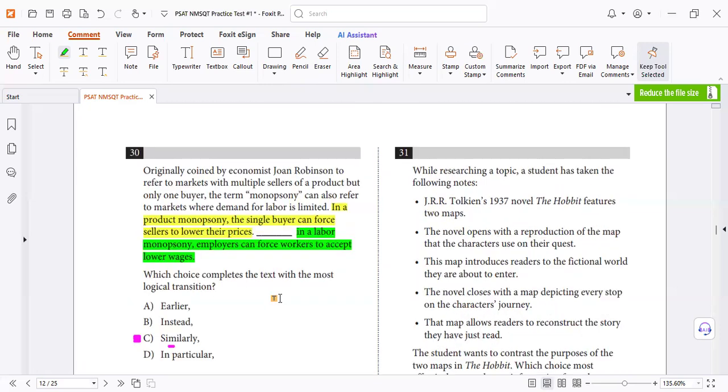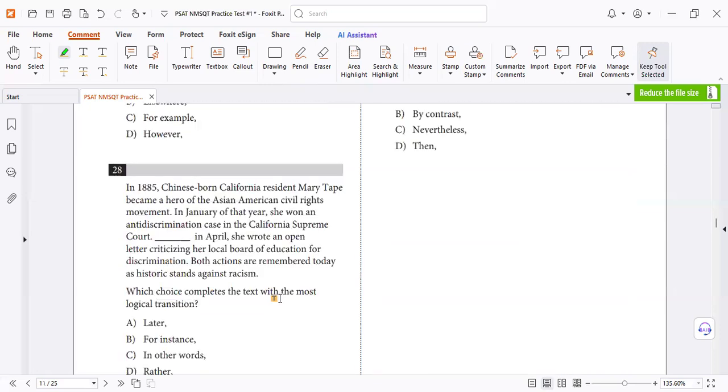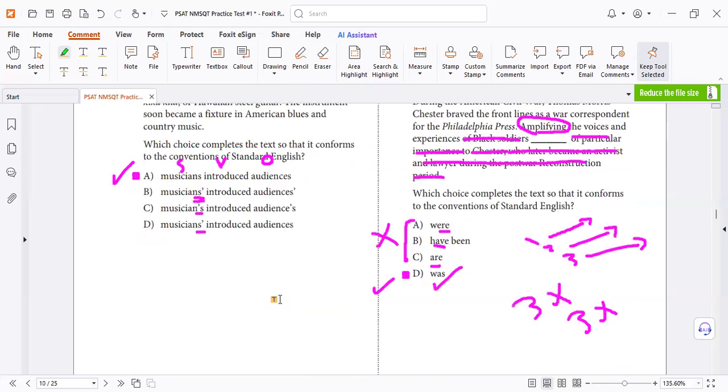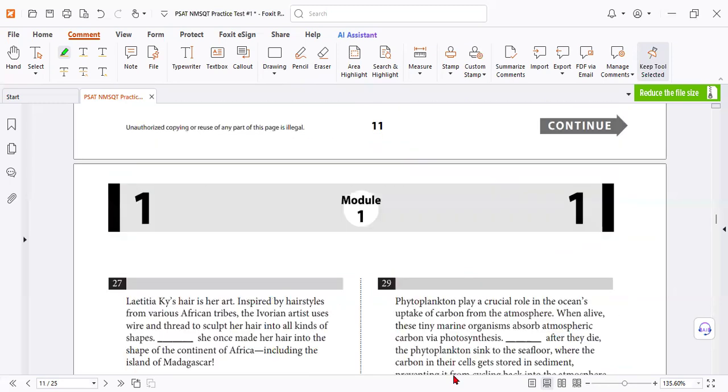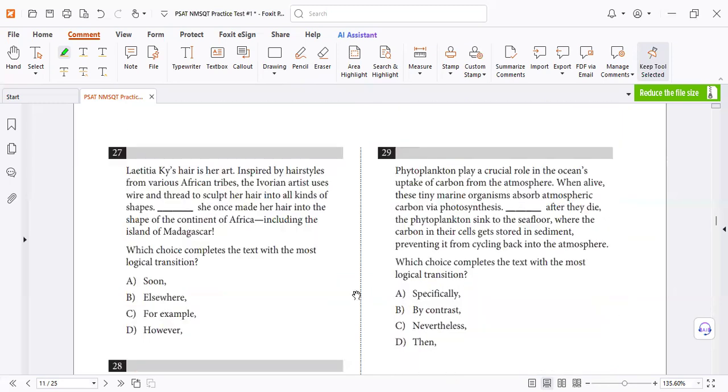How about number, let's make it in order, why not? 27, what's yours? However. However, contrast, no. This is the previous idea, and that is the following idea. What is the relation?